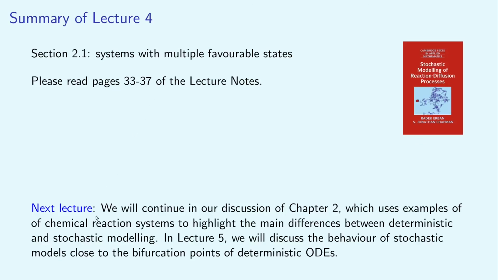In our next 3 lectures, we will continue our discussion of chapter 2, which uses examples of chemical reaction systems to highlight the main differences between deterministic and stochastic modeling. In particular, in lecture 5, we will discuss the behavior of stochastic models close to the bifurcation points of deterministic ODEs.